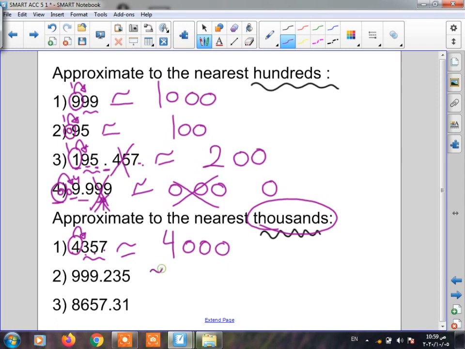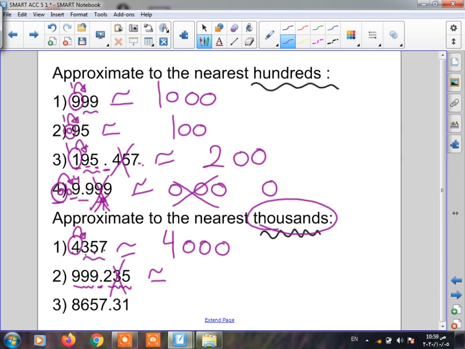Next example. 999.235 approximate to the nearest thousand. Each time I mix it up, where can I go, left or right? Each time go to the decimal point. On the right I have the decimal number. On the left I have the whole number. Thousand, whole or decimal? Of course whole. So forget the decimal number.